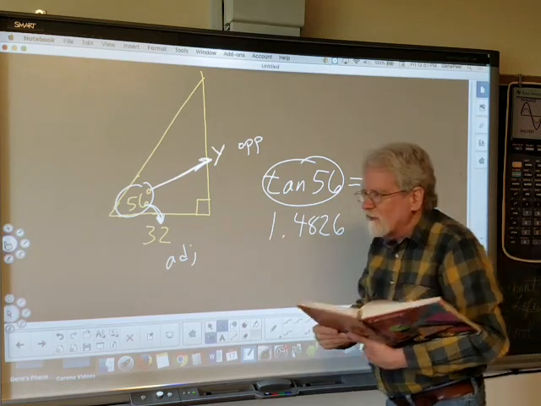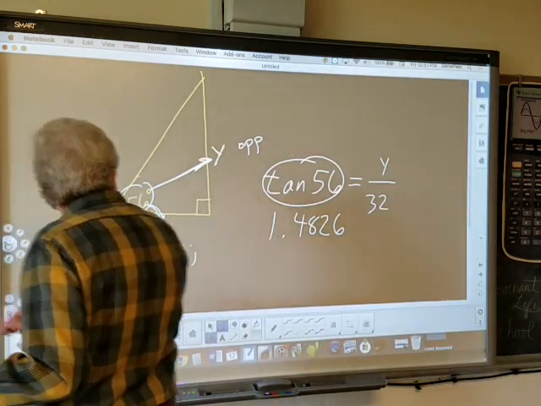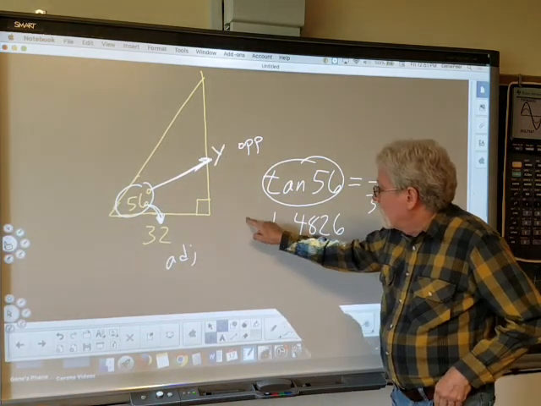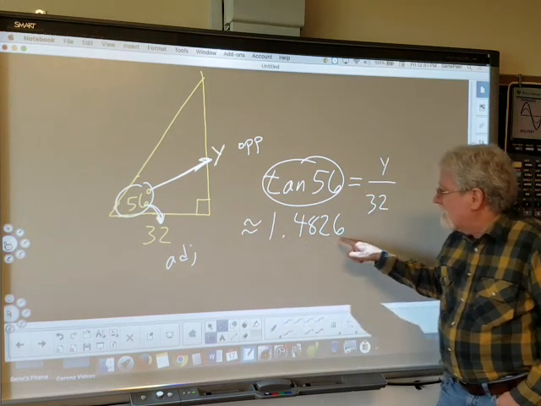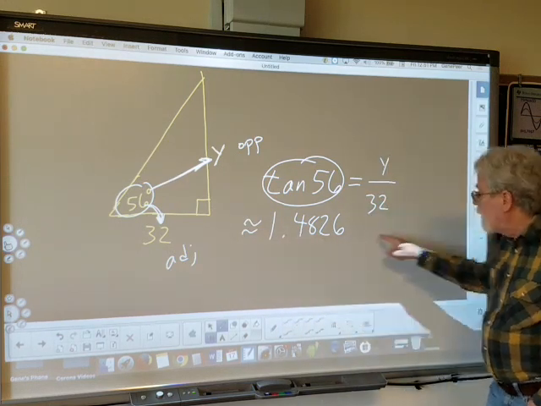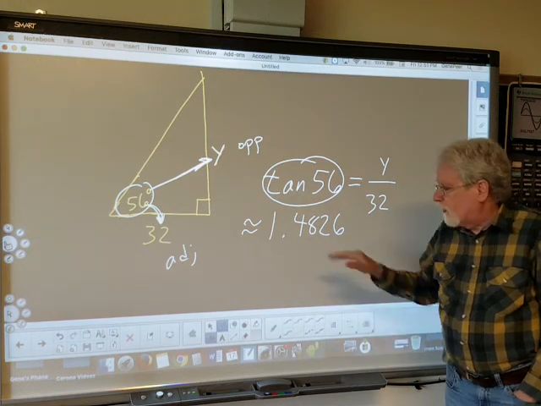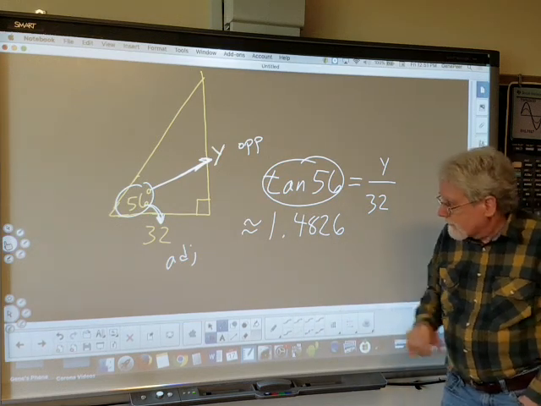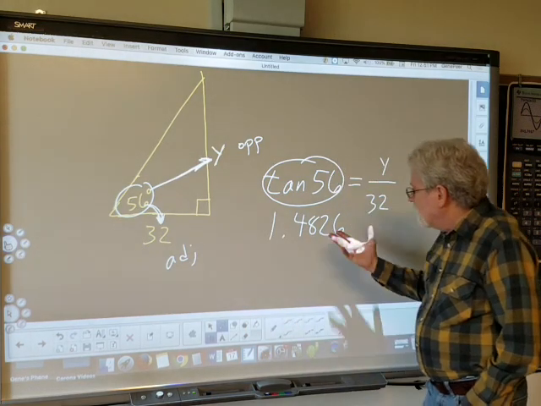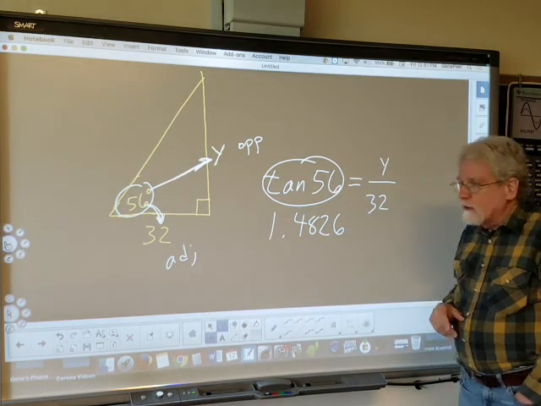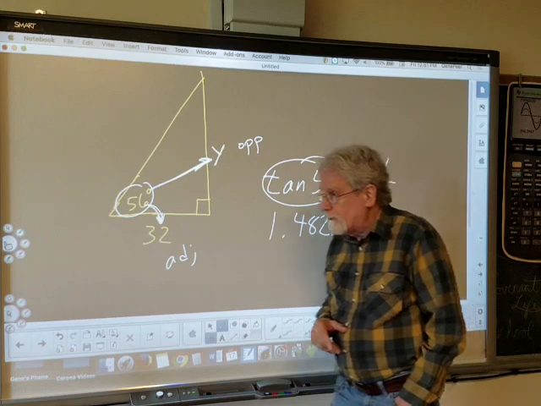By the way, it doesn't actually equal 1.4826. It's about equal to, because this in reality is an irrational number that goes on forever. Our book chose to show us 4 decimal places. But it's actually not exact. These are irrational numbers. Another reason we don't memorize them, because they're irrational.